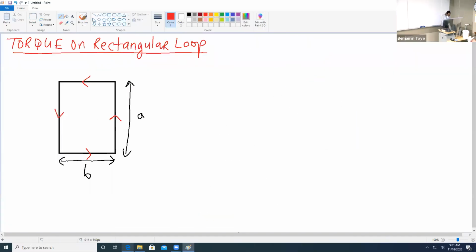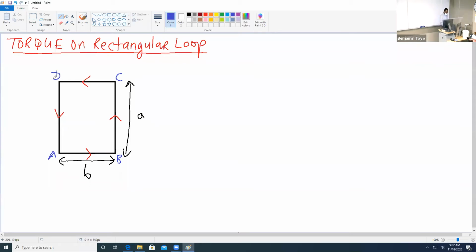I want to call this point A. Let's call this point A, point B, point C, point D. Again, remember from the previous chapter, a loop here would be A, B, C, D, and A. That's a loop: going from point A to point B to point C to point D back to point A. So that's one loop right there.